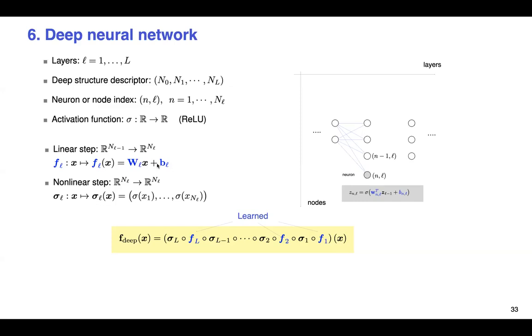So you have linear steps, and maybe I'm indexing my layers by L. So I have lots of layers indexed by L. And for every layer, I have some neurons, which are now indexed by N. Now, going from one layer to the next, I'm using a linear, actually an affine transformation.